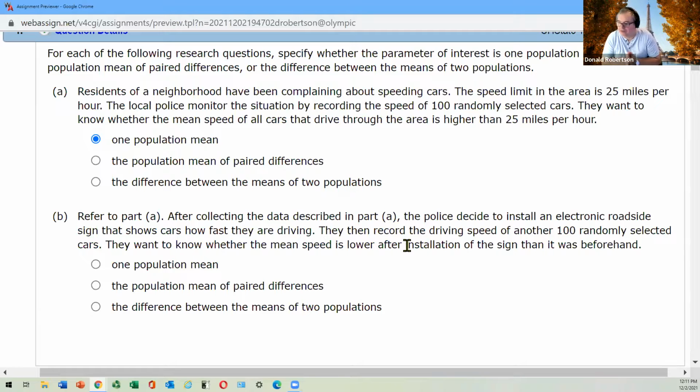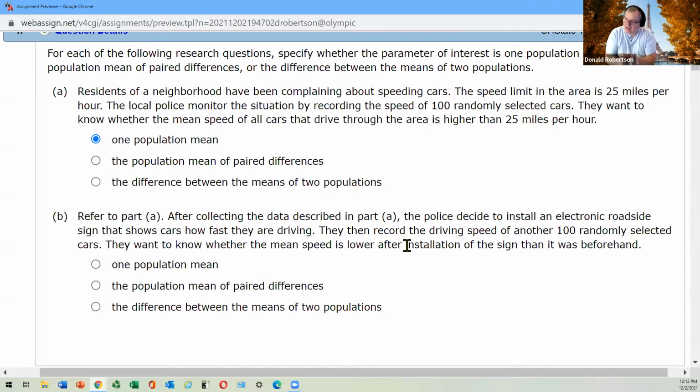So what they're really doing here is they've got some before data. This is what the average speed used to be, right? And then they put up this new flashing thing, you're going too fast, slow down. And I'm assuming that they get the speed after that sign has happened, right? So they can see whether it has had an effect, and they look at it again. So you're going to have two different samples and you're going to compare them.